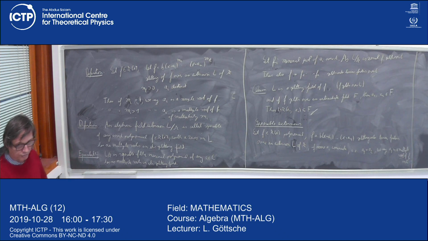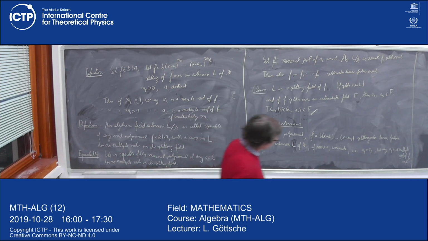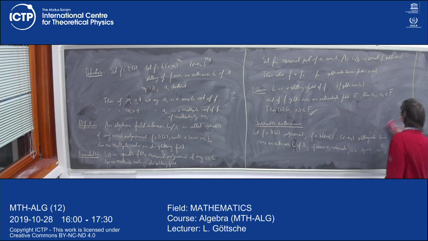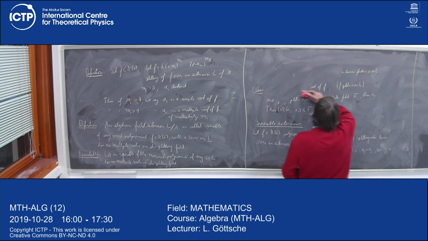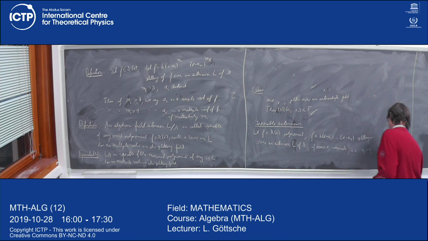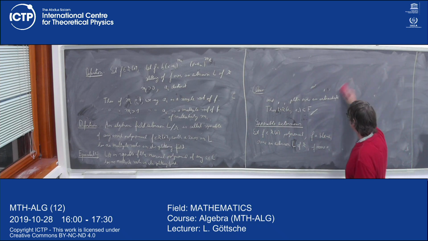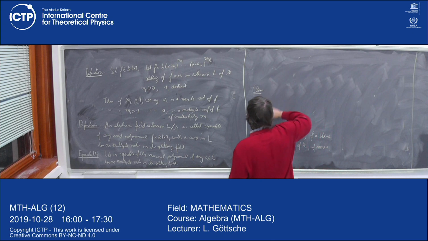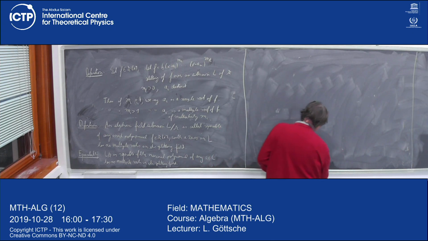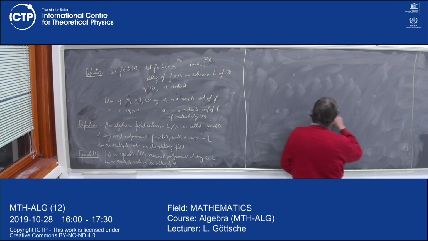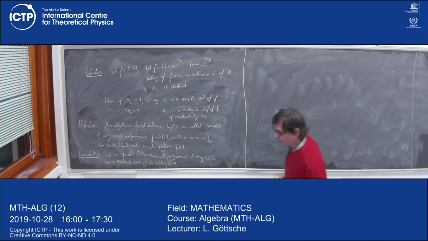This also holds here, if you just formally define the derivative. Here we do not do analysis, so the derivative is just something one writes down by the usual formula.